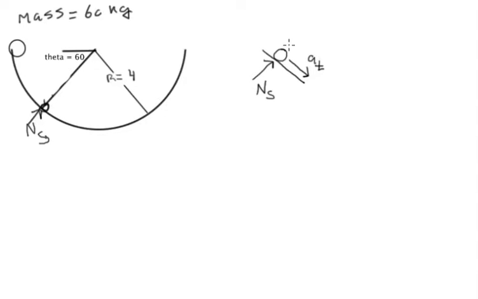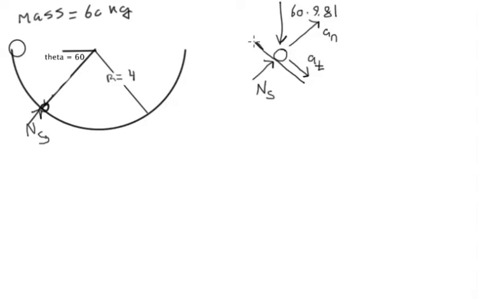You have the acceleration which is normal, directed inboard, and then finally you have the weight of the ball itself, which is the mass, 60 kilograms, times 9.81.